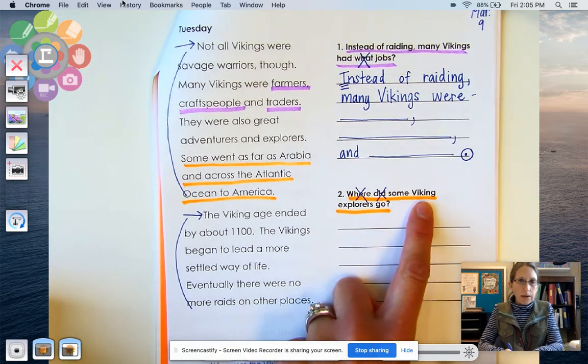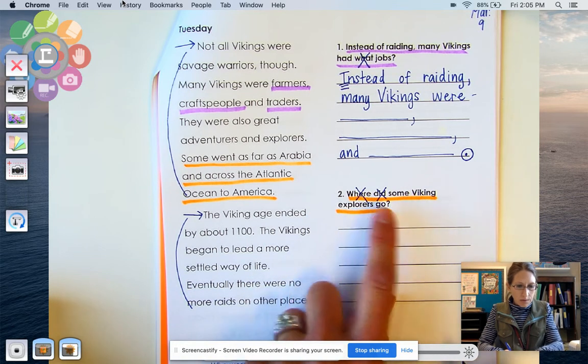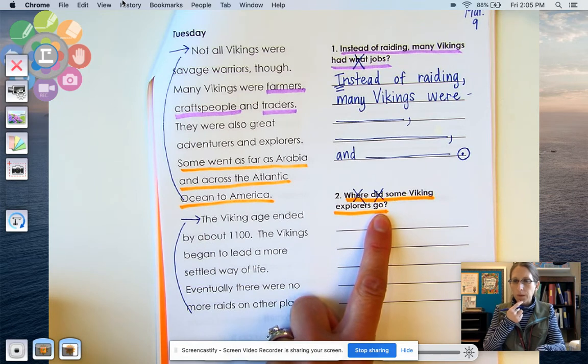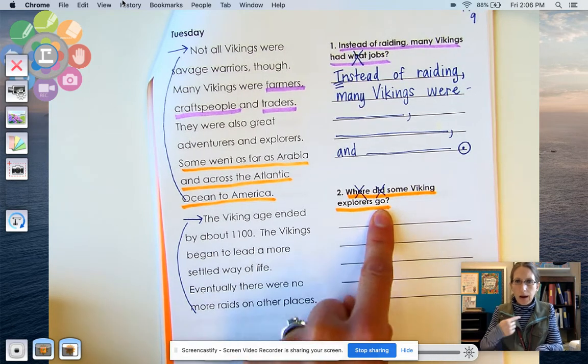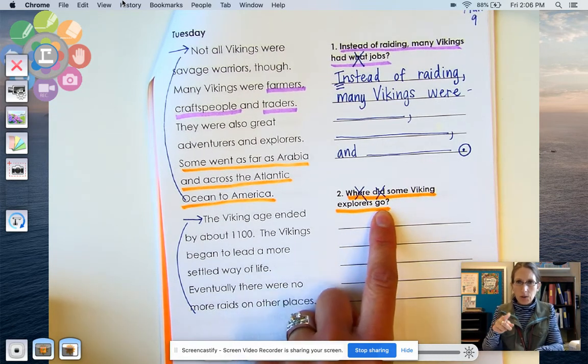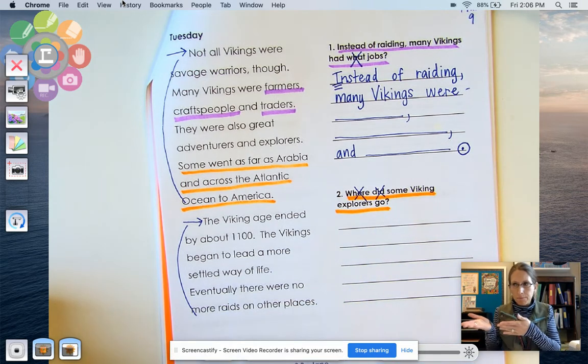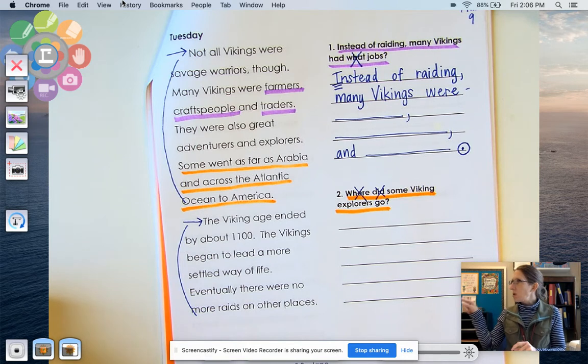Some Viking explorers goed. Oh, wait, it's not goed, is it? Let's see. I go, you go, he, she, it goes, we go, you go, they go, cha-cha-cha. Past tense, let's do past tense of go. I went, you went, he, she, it went. We went, you went, they went, cha-cha-cha.